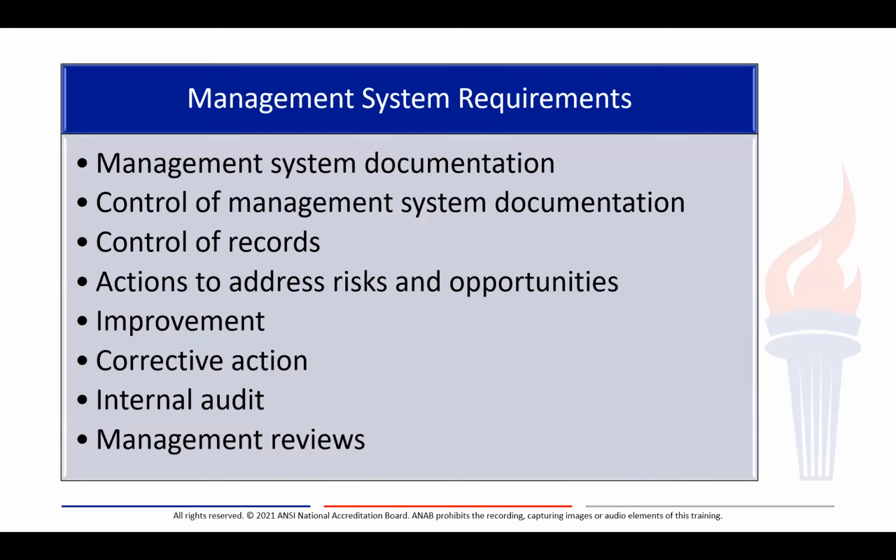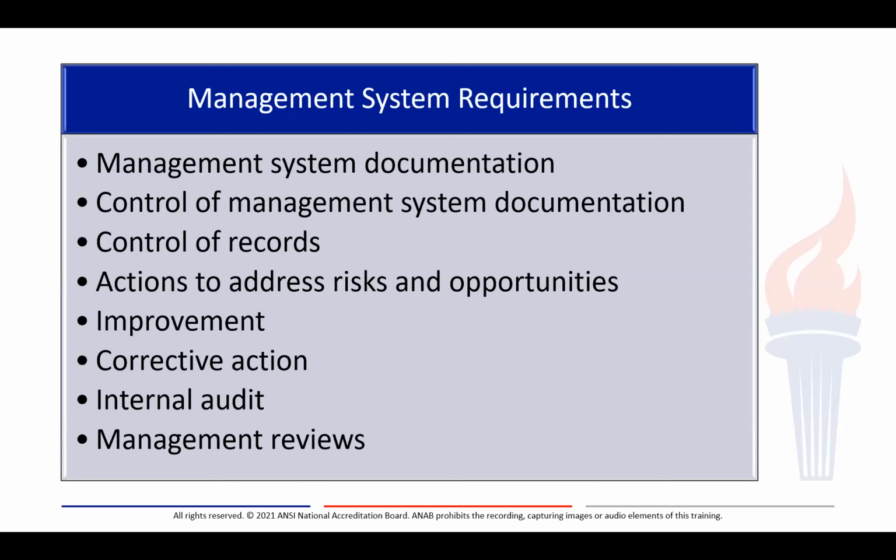These are the management system requirements that are both in ISO 9001 and 17025. In 17025, again, these requirements are housed in Clause 8, while in 9001, the requirements are throughout the standard. Regardless of the standard, any organization seeking certification or accreditation must have management system documentation that is controlled.